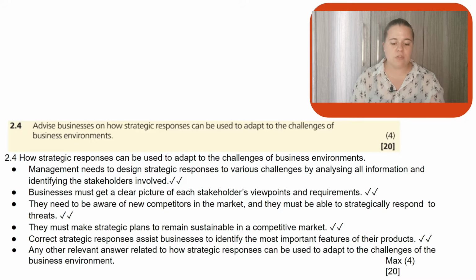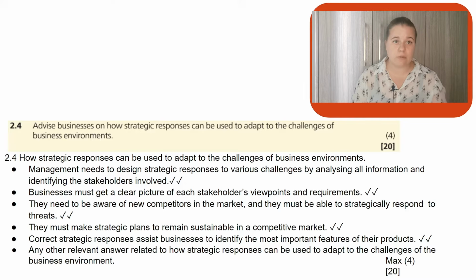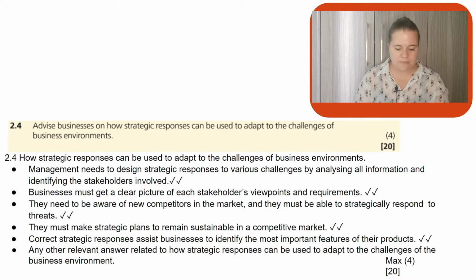They need to be aware of the new competitors in the market, and they must be able to strategically respond to the threats. They must make strategic plans to remain sustainable in the competitive market. And correct strategic responses assist businesses to identify the most important features of their product. Now, again, like I have mentioned, we need 4 marks. 2 marks per bullet, so we need 2 bullets for that section.